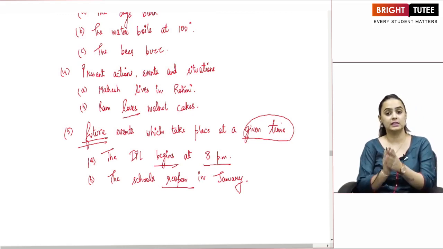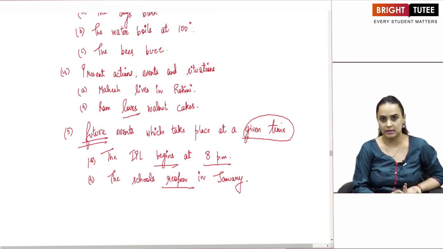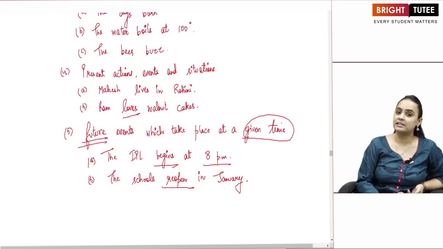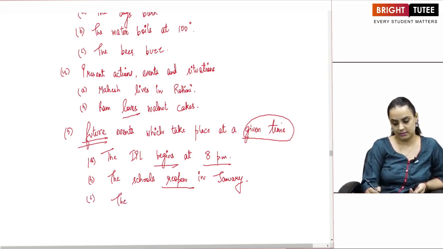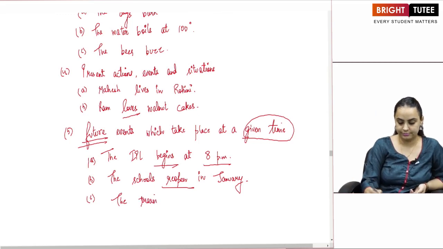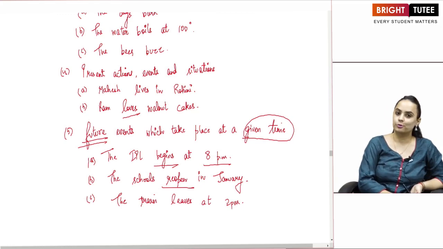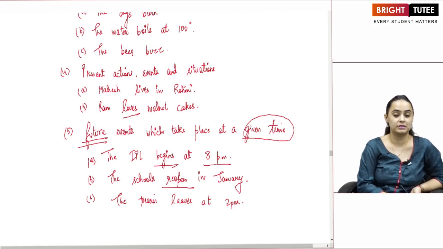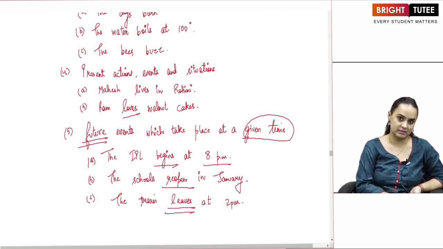So, we know that this is something that will take place in the future, but we know exactly when that event will take place, and that is why we use the simple present tense for that. If I give you another example, the train leaves at 2. So, the train is going to leave at 2 p.m., which is a future event, but I know exactly the time, and that is why the simple present.